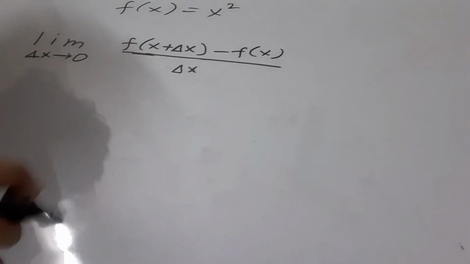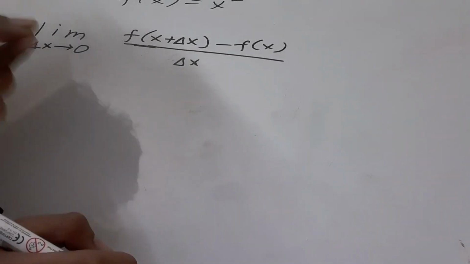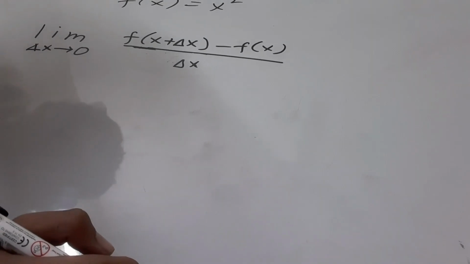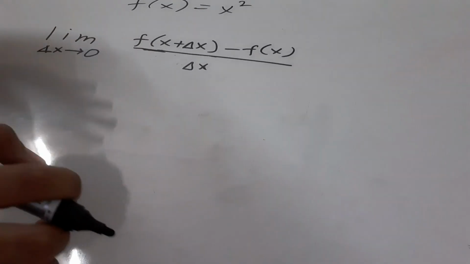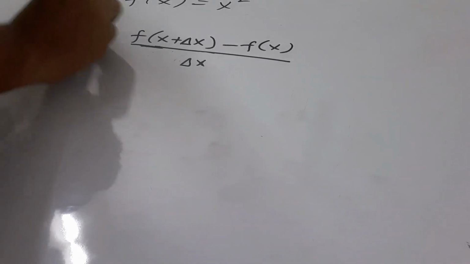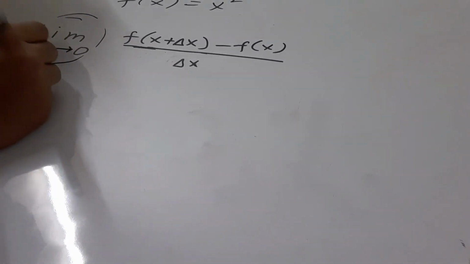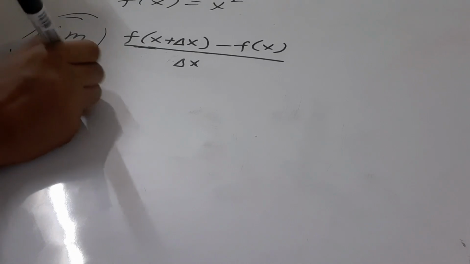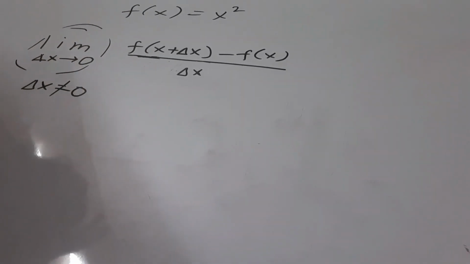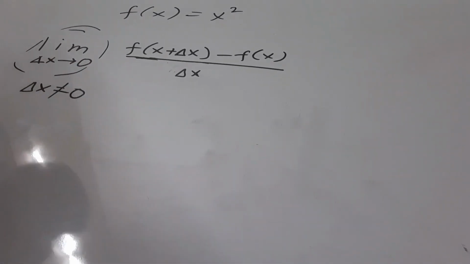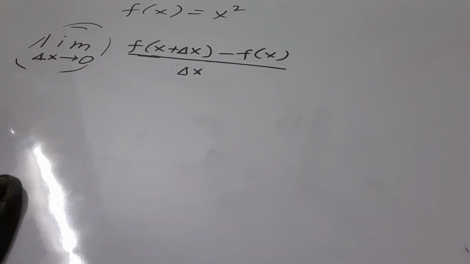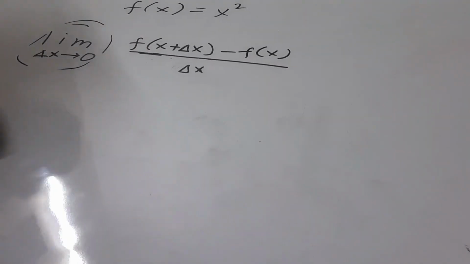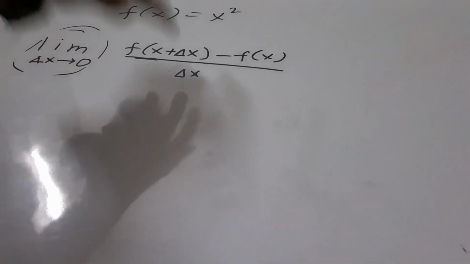As close to 0 as possible, but never exactly 0. That is what this thing means. This does not mean that delta x is equal to 0. No. It's just extremely close to 0. It's never exactly 0. Sorry for the background noise, there are kids playing outside my home. Okay. So, that is what this function means. Limit.